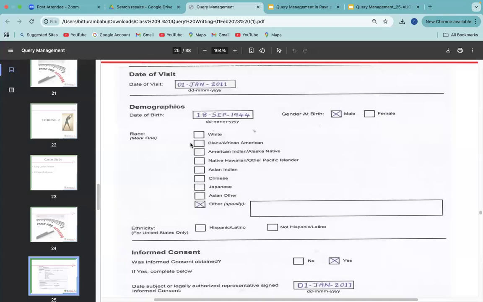Any other mistakes? So what is the error here?